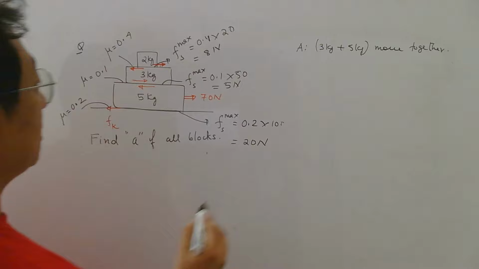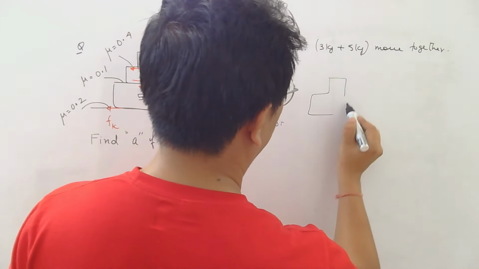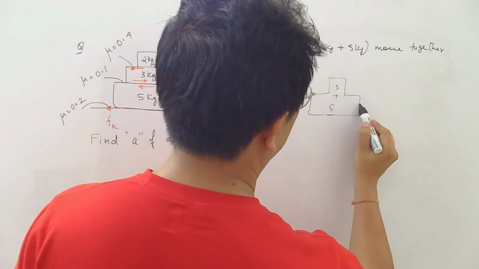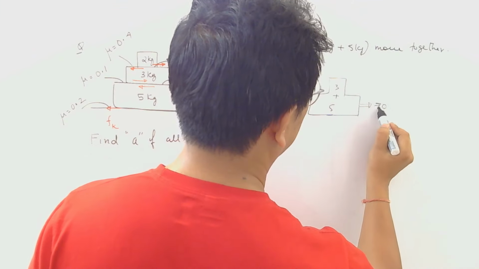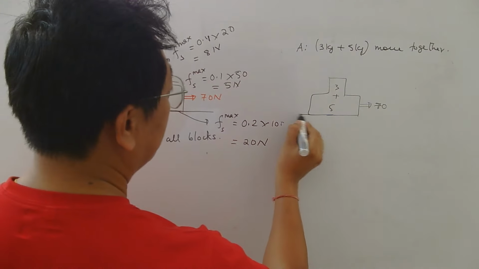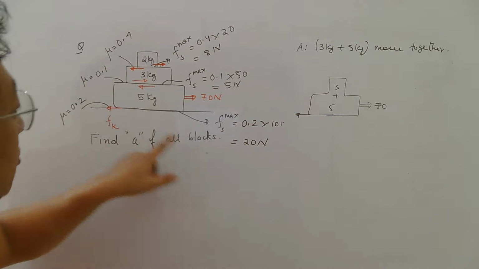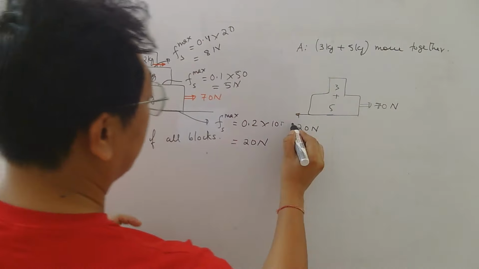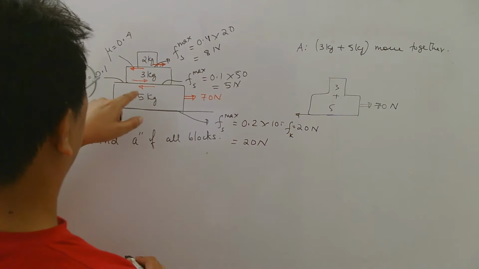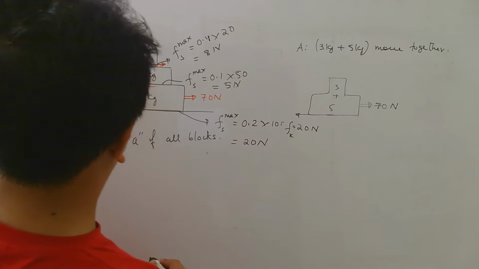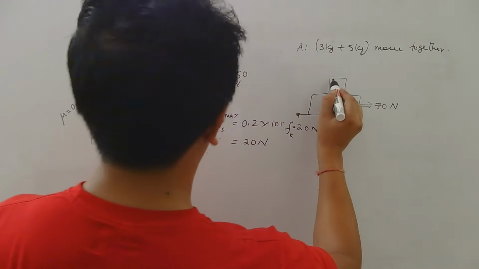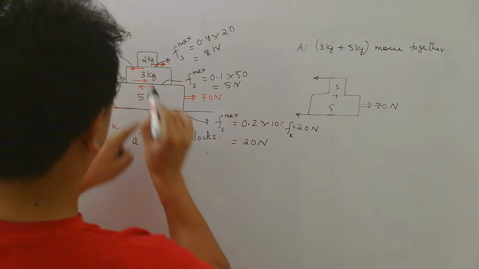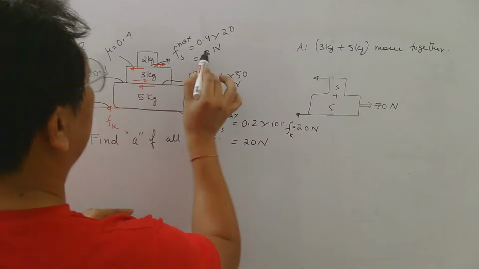Now if I say 3 kg and 5 kg are moving together, then this will be my system, 3 plus 5. Here 70 Newton is acting. Here kinetic friction, because I already told there is slipping here, so 20 Newton. And because I am saying these two are moving together and here there is slipping, there will be kinetic friction, and that kinetic friction is the maximum static friction here, which is 8.